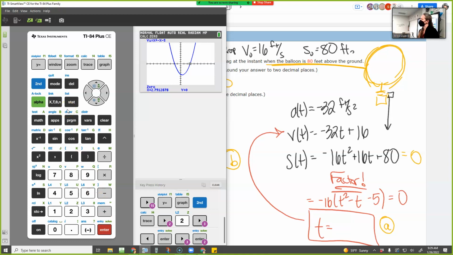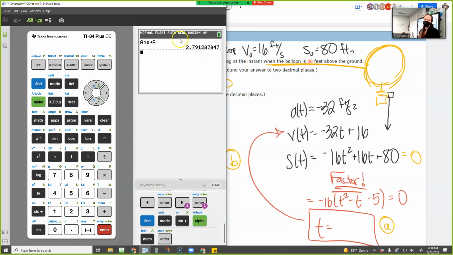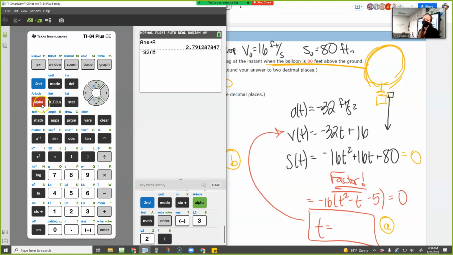Super cool feature. You might want to look at this video at the very end to see how to do it. I'm going to hit from that 0 on my graph, second, quit, store. I'm going to make it an A. And the reason I'm going to do that is because not only do I know the answer, but I can also throw it in and put that little A into my velocity and add 16. It's a really cool trick, and I have both answers.